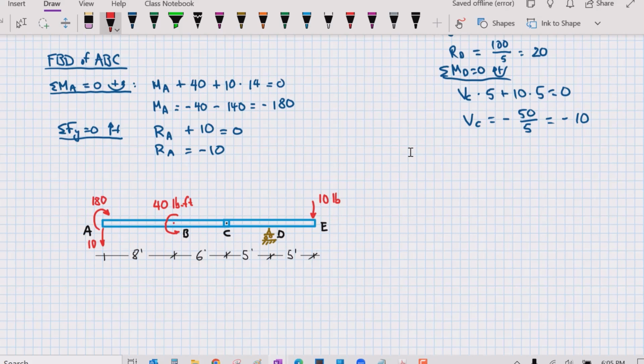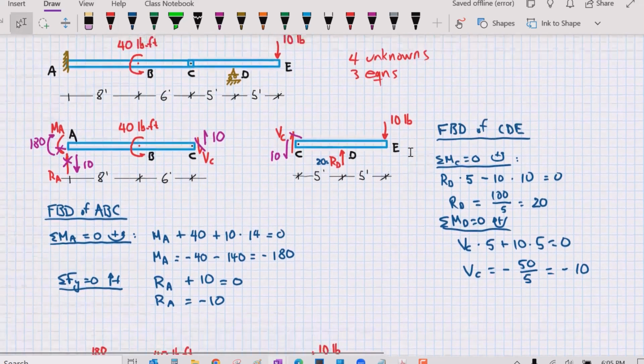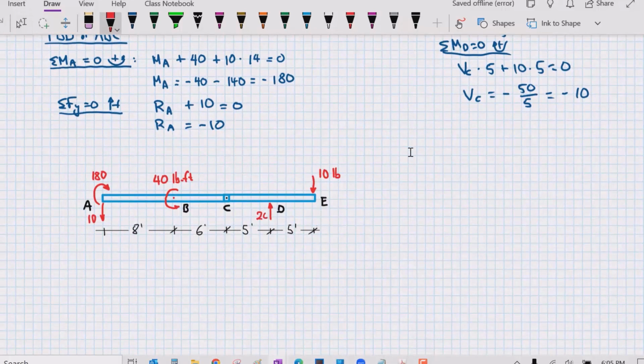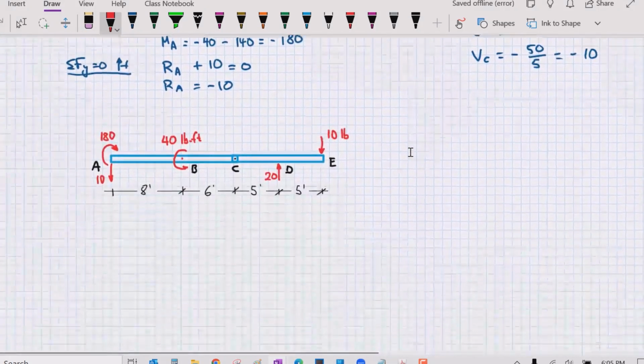And we had a reaction here at D. And the reaction at D was 20, going up. Anything else? That's it.